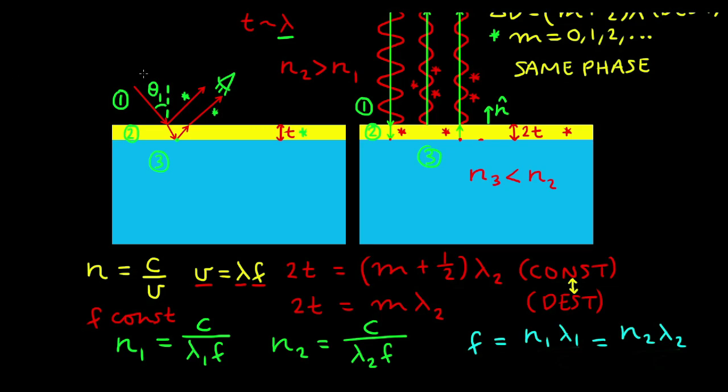Now if our first medium is air, which is typical, then the index of refraction of air is very close to 1. So therefore the wavelength of light in the thin film is the wavelength of light in the incident medium, being air, over the refractive index of the thin film medium. So therefore if we substitute this into here, we get lambda 1 on n2.